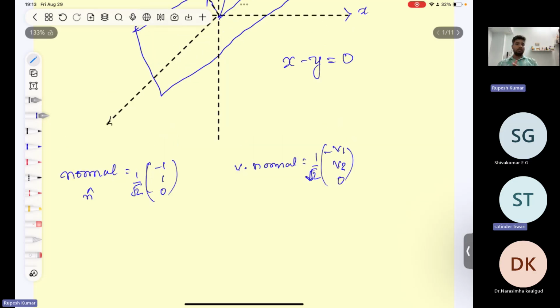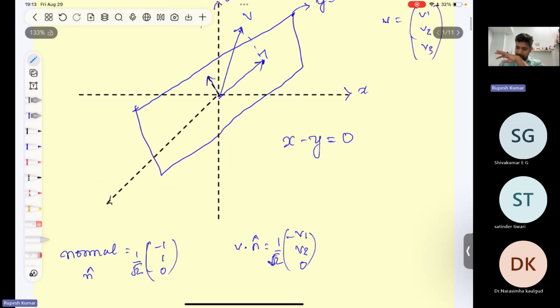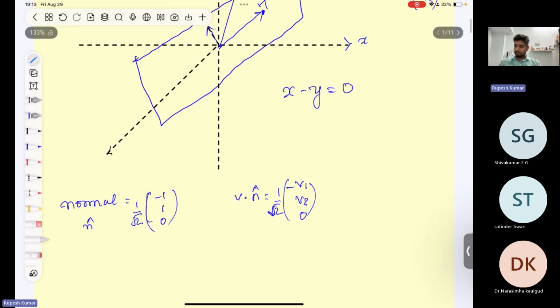Then what is the component of v along the normal? You will say v dot n cap. This is the definition of the vector dot product. Do you agree with this?